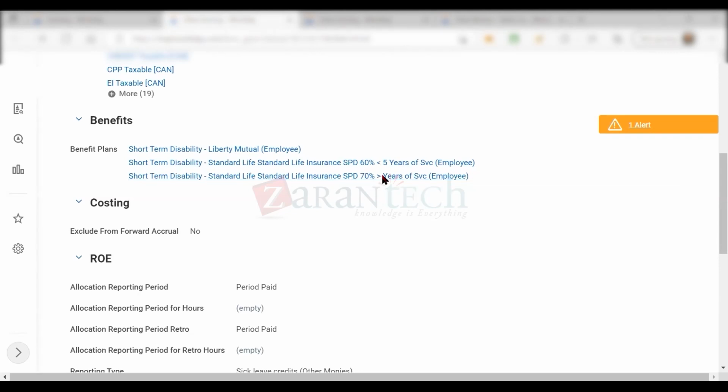So automatically, based on their year of service, their election or their eligibility to elect a benefit plan changes. But again, we are not worried about it, because all this is handled by the benefit consultant or by the benefit team. What we are worried about is we need to just make this connection.